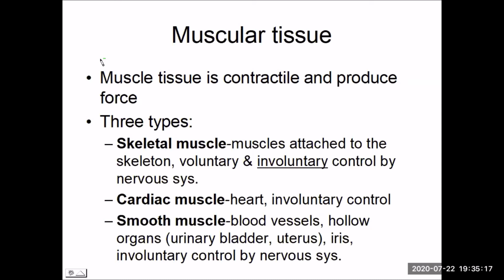So all muscle tissue has this unique ability to contract, to shorten the length of the cells. And with that contraction, with that shortening, it's producing a force. So generating this power that allows for some type of movement.